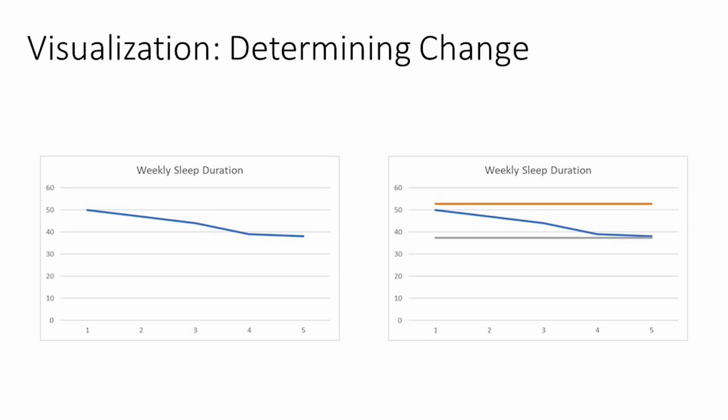Now, what we see is that this is just the sum of sleep duration, that on week 1, the individual is at 50 hours of sleep, and then it trended downward over the course of 5 weeks. And you may look at that and think, that's probably pretty bad, especially if they're going down to 40. Well, at 40 hours, they're sleeping about 6 hours a day on average. Not totally outside the realm. It's obviously a little bit less than what we expect, but it's also not that bad.